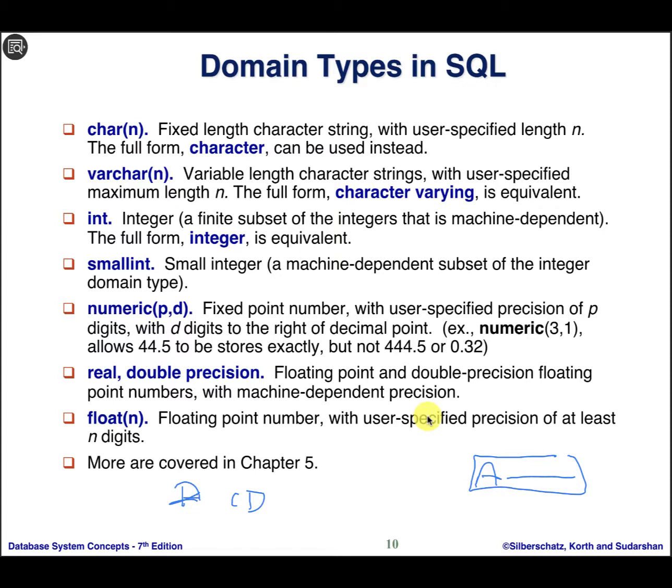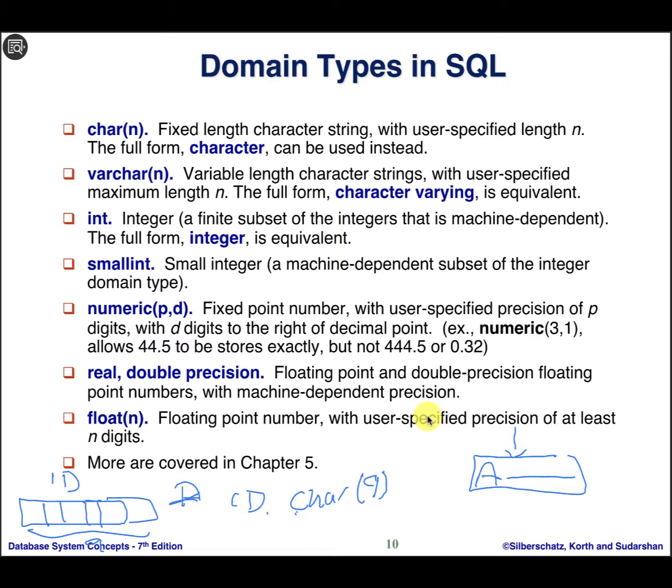Assume it's 9 in total. So that means every single ID must have 9 characters. So in this case, I'm going to say char, and it will be 9. So in this case, the system is going to say for this ID, I'm always going to reserve 9 bytes. Total is 9, so fixed. It looks like string 9. This means for every single value, I'm going to reserve 9. Clear?